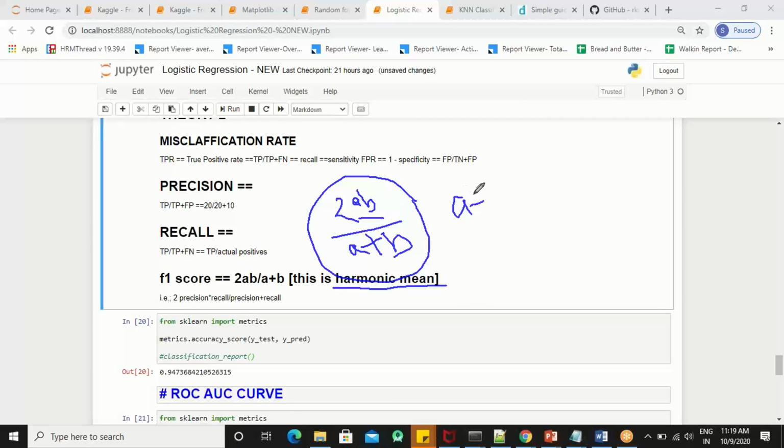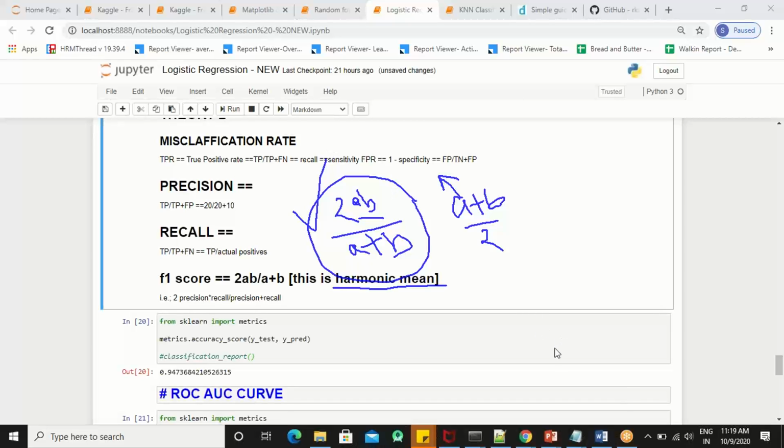Because if you say A plus B by 2, here you are not cancelling the weights, as in one of them can be very heavily dominating the result. So you want to normalize it. So that's why we talk about harmonic mean.